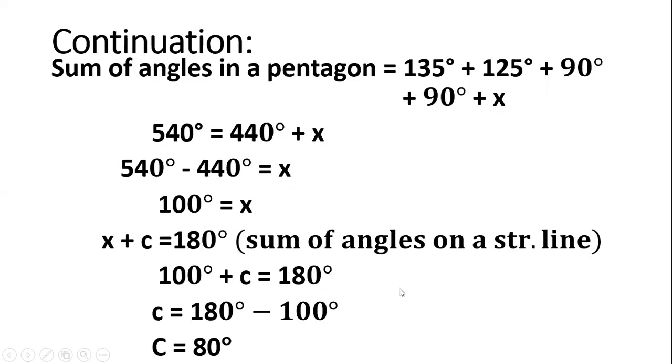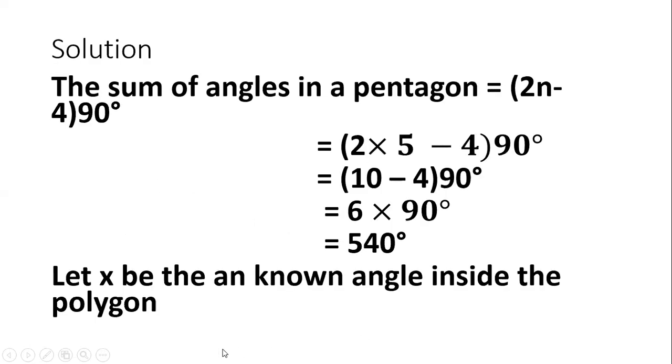So we have 135 degrees, 125 degrees, 90 degrees, 90 degrees, and the last angle, which is unknown, represented with x. So adding these together will give us 440. So 540 equals 440 degrees plus x. So that's 540 minus 440 will give us x. So x is 100.